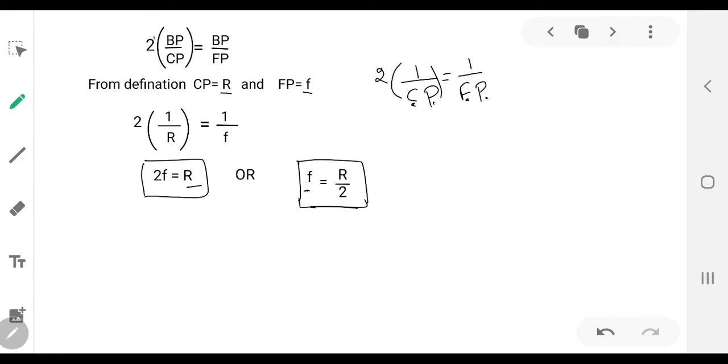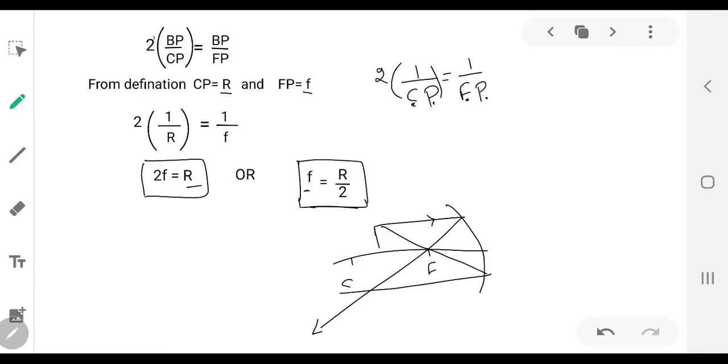So this is the reason why I have mentioned for image formation diagrams you have to take the focal length almost half of the radius of curvature, so that you can get the correct image formation patterns.